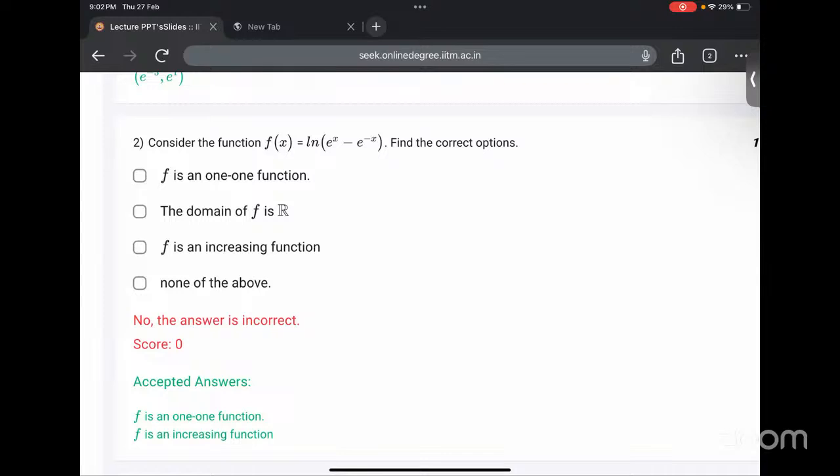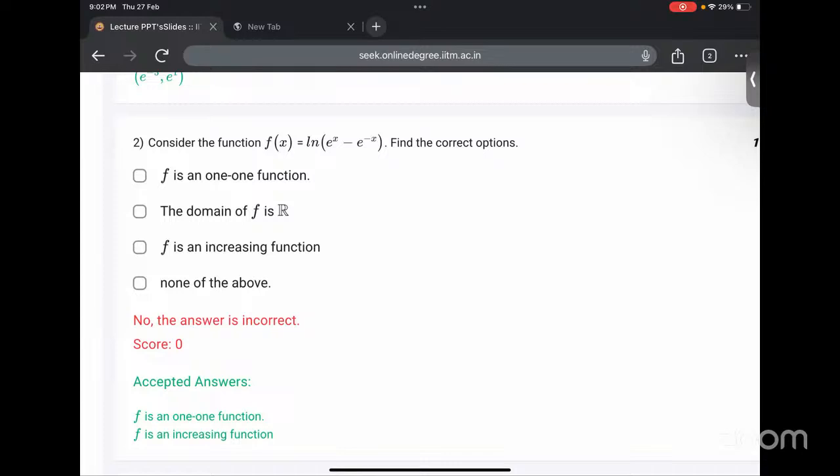Ma'am, logarithms are always 1-to-1 functions? Yeah. The logarithmic function is the inverse of the exponential function, right? And that means the logarithmic function is also invertible. Invertible means it is 1-1 and onto both, right? Yes, ma'am. Got it, ma'am.